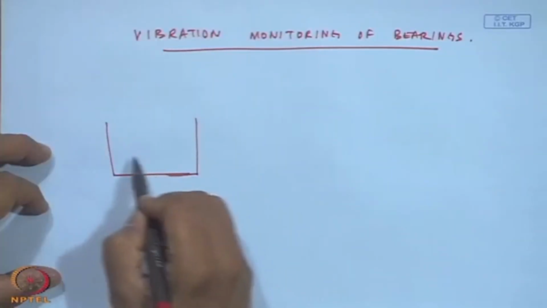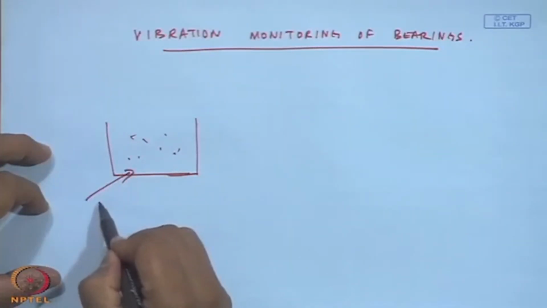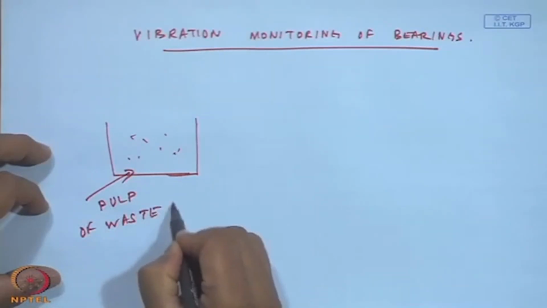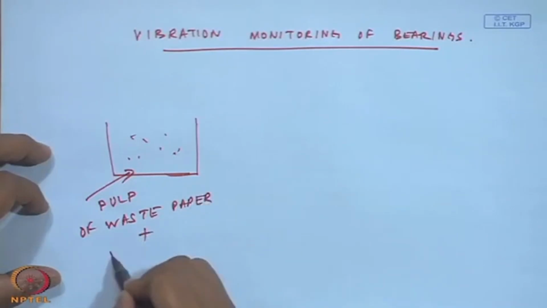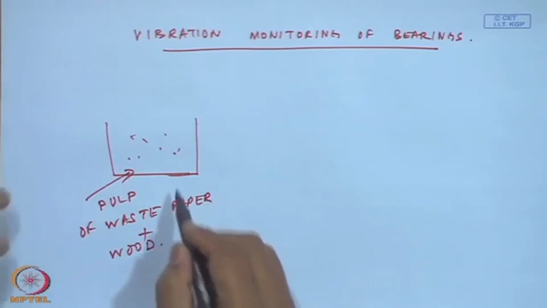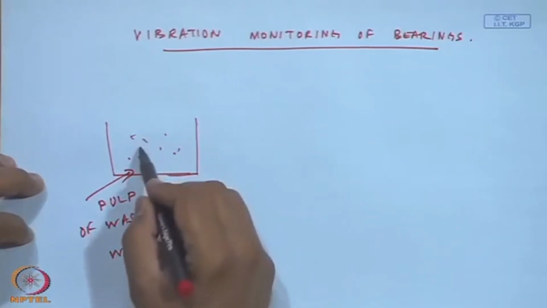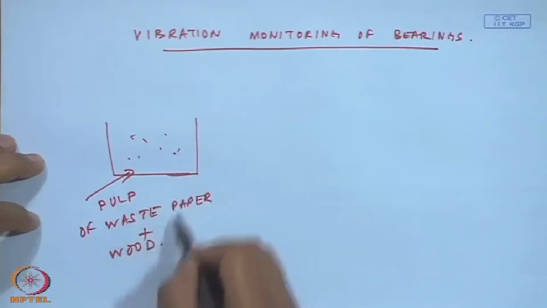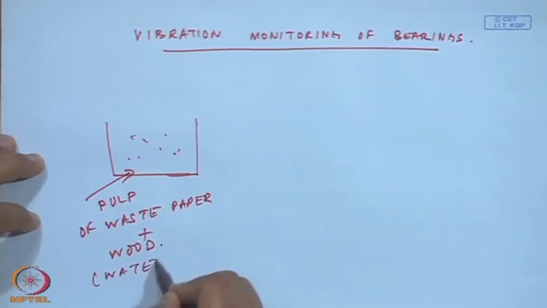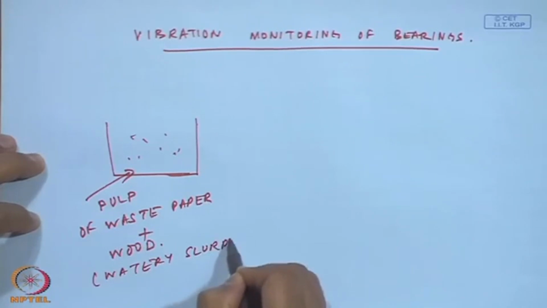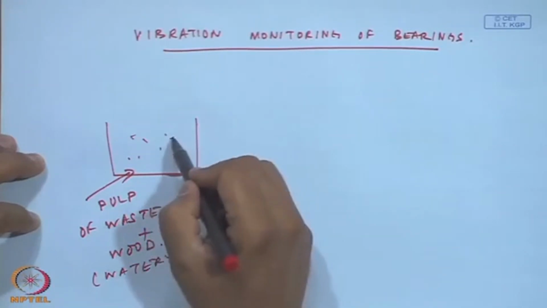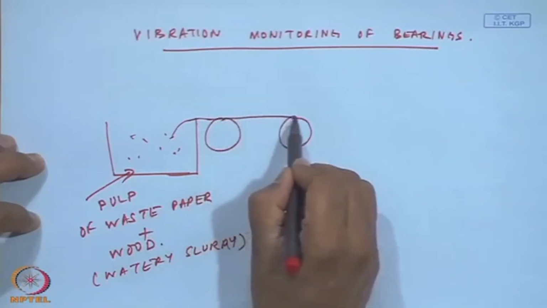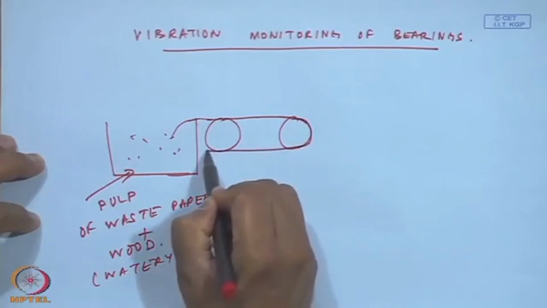of waste paper plus maybe some fresh wood pulp, which is made into a pulp after a chemical treatment. This is like a slurry, almost full of water, a watery slurry. And this is fed onto a roll which is spinning at high speed.